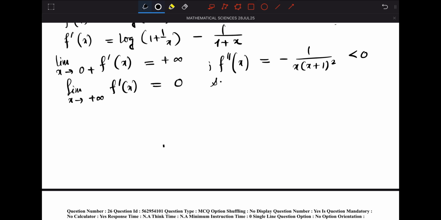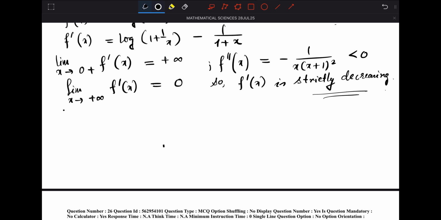So f'(x) is strictly decreasing, and as x tends to 0 plus f'(x) is positive infinity, and as x tends to plus infinity f'(x) is 0.